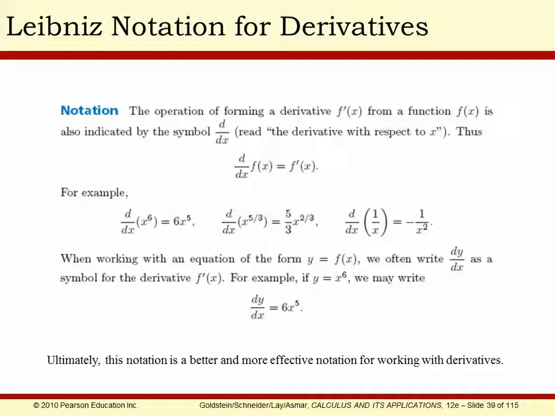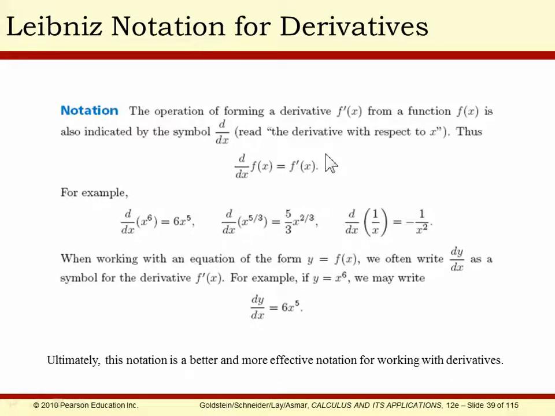So instead of writing f prime, what we write over here is we write d, and the d means we're taking the derivative. The dx on bottom is not a fraction, doesn't mean division. It just communicates to the reader that the variable in the equation we're taking the derivative of is x. And it just means the same thing as saying f prime of x.